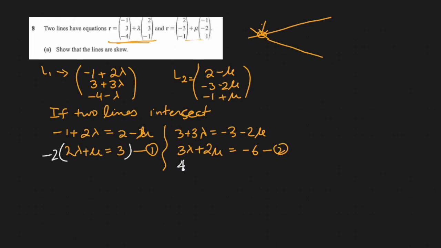So it becomes minus 4 lambda minus 2 mu equal to minus 6, right? So I need to change the sign now. It comes out to be how much? I have to add them, I don't have to subtract them.